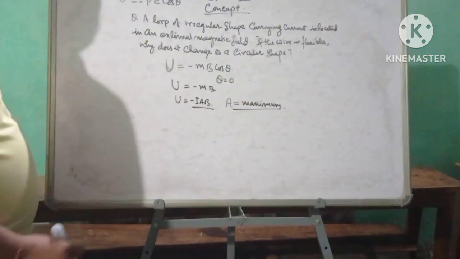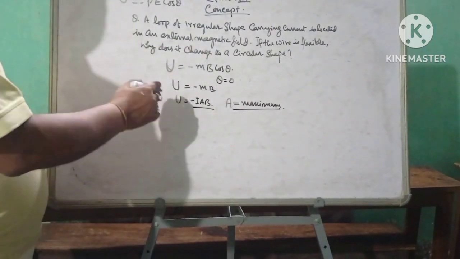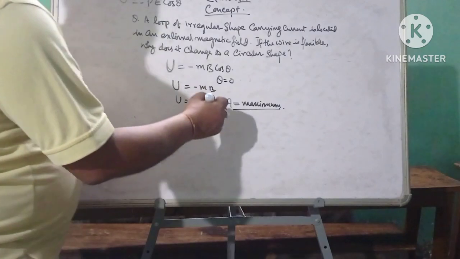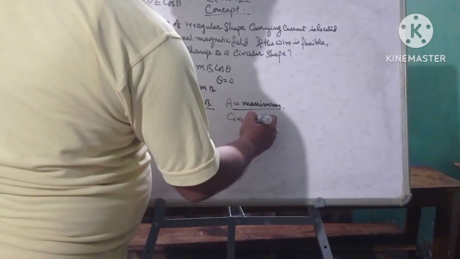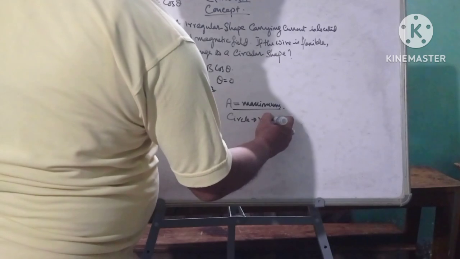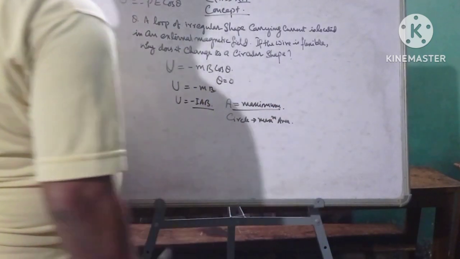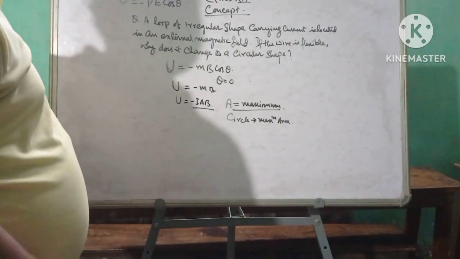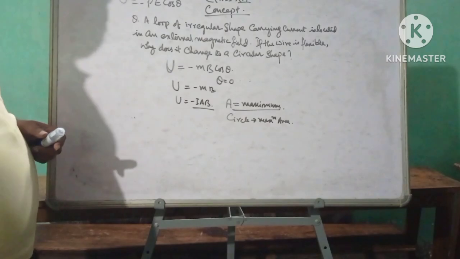Because your magnetic field and current are constant, for minimum potential energy your area must be maximum, and the circle has the maximum area. So the loop will form a circular loop.